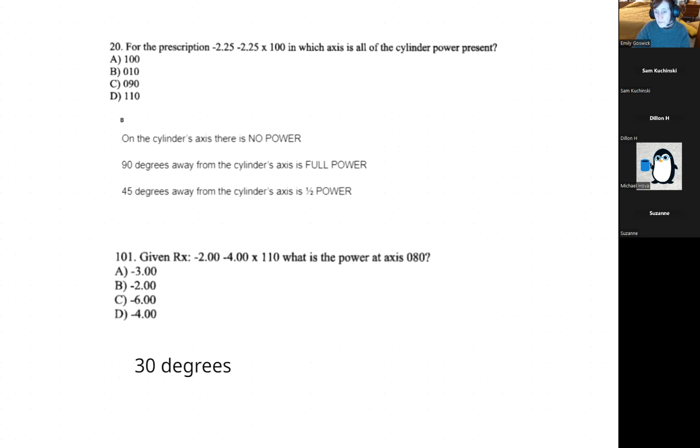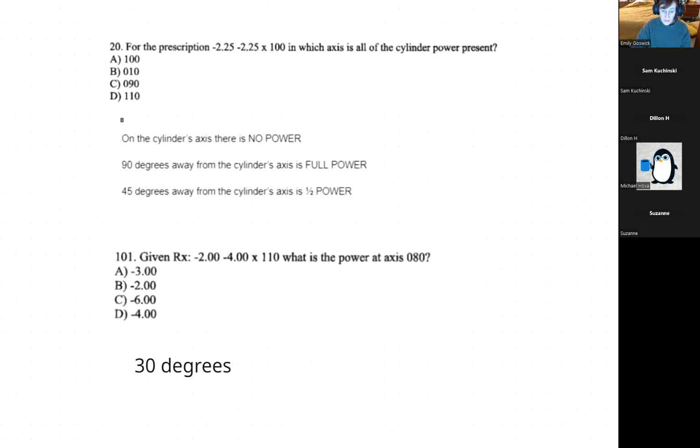So that's a little weird because that doesn't really fall into our schema of 0 degrees, 45 degrees, and 90 degrees, right? But we do know that it would be half power at 45 degrees away from the 110, right?